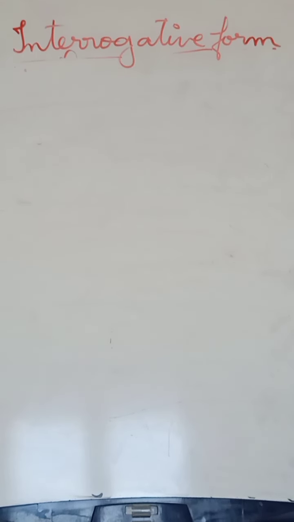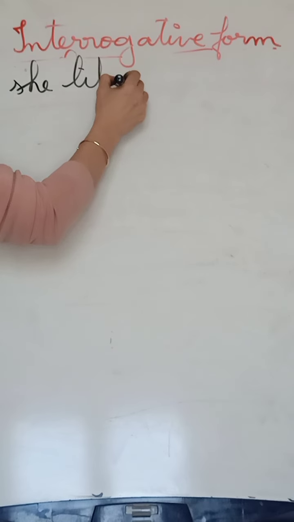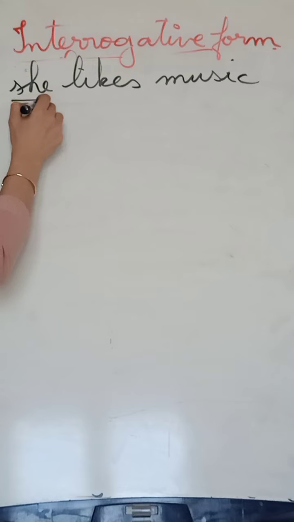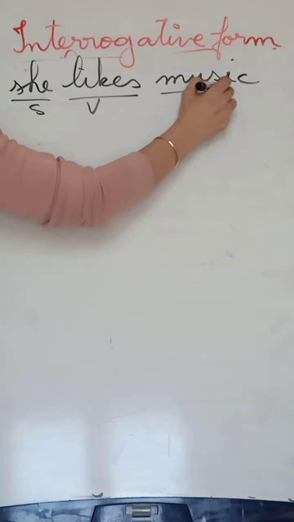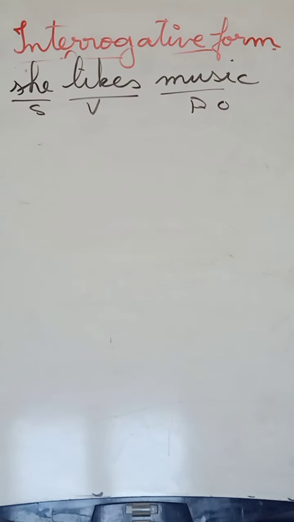Concerning the other verbs, for example, she likes music. Here, subject, verb, this is direct object, and this is the affirmative form, la forme affirmative. Concerning interrogative form, look here, we have got an S, okay? So I write subject she. Here I enter the auxiliary does.